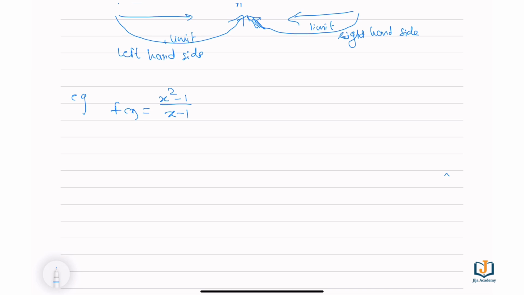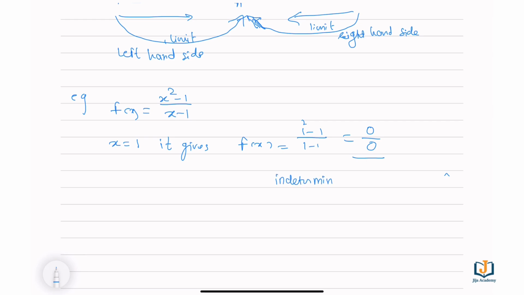If we put x is equal to 1, it gives 0 by 0. This is the indeterminate form.